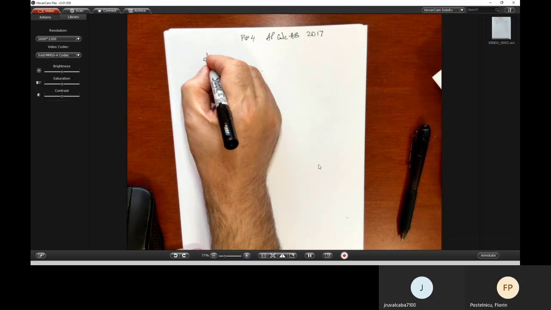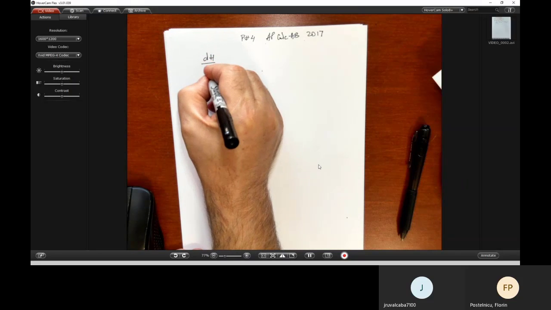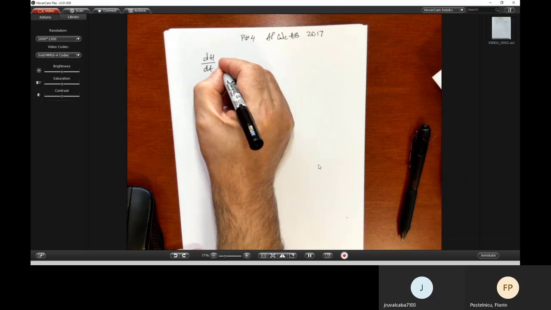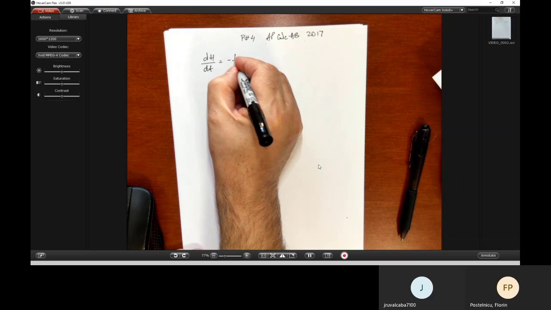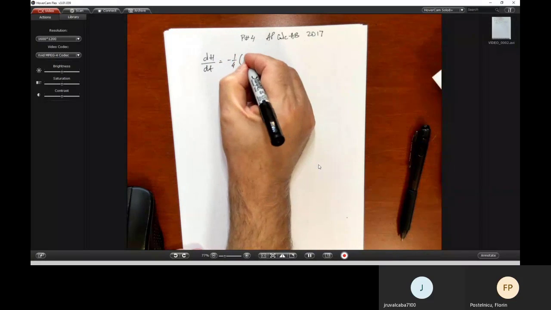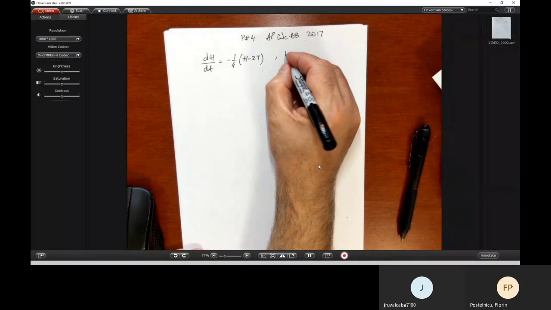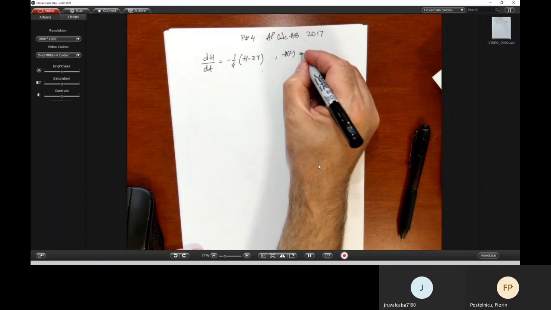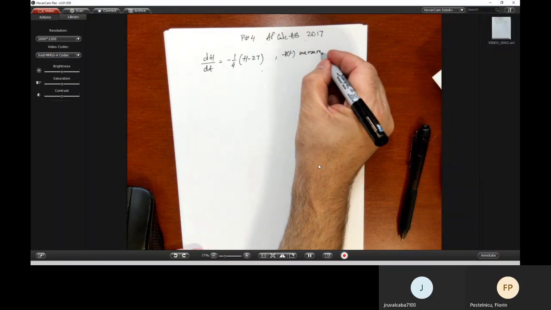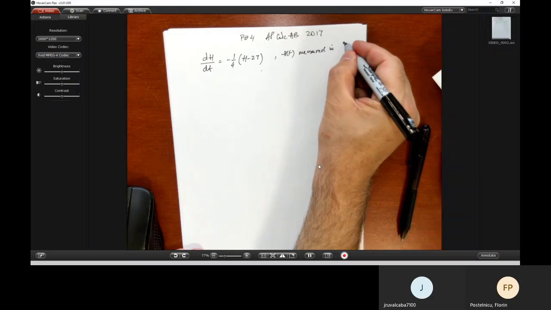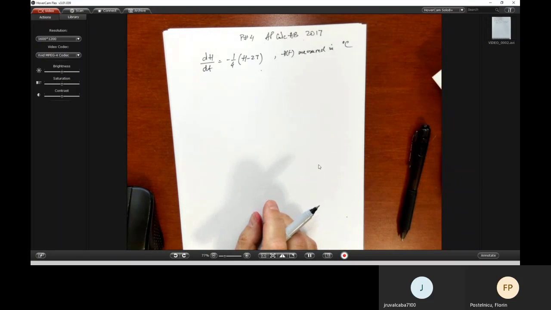Do not forget the temperature H of t is measured in degrees Celsius. And now let's see what are the other conditions given to us. There is an initial condition. It says the internal temperature of the potato was 91 degrees at time t equals 0. So h of 0 should be 91 degrees Celsius.